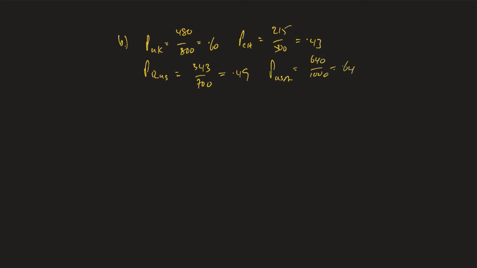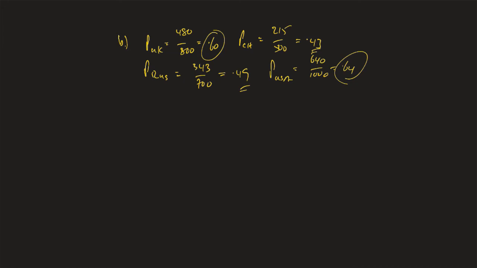Looking at those values, we might say Russia and China are pretty close, but the UK with 60% and the USA with 64% does appear to be different from the others. Clearly, just on visual inspection, it would appear that these two are significantly different from 0.49 and 0.43.